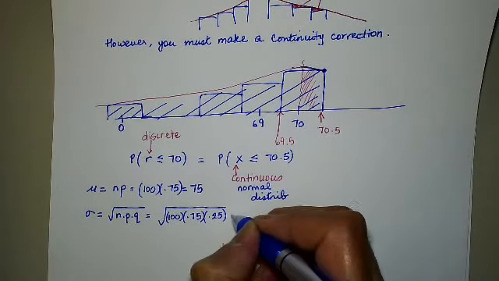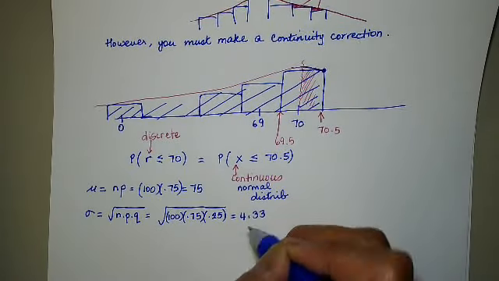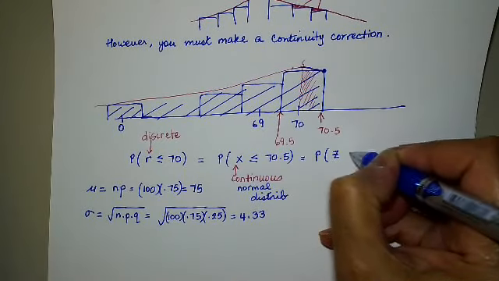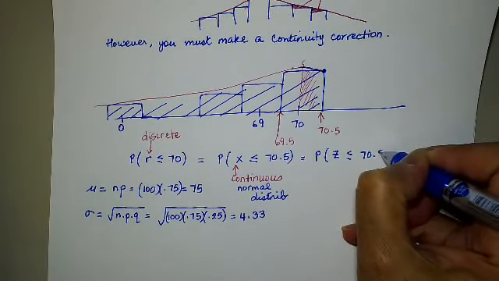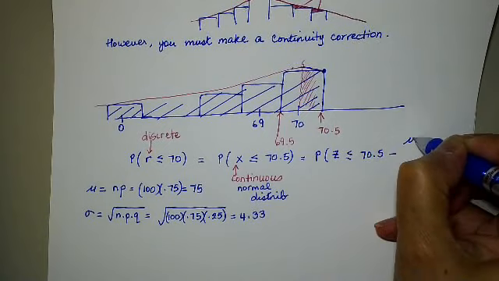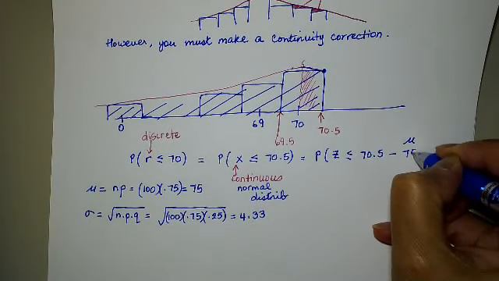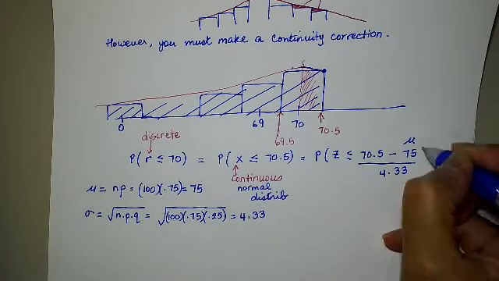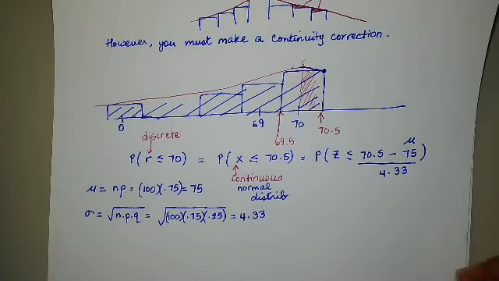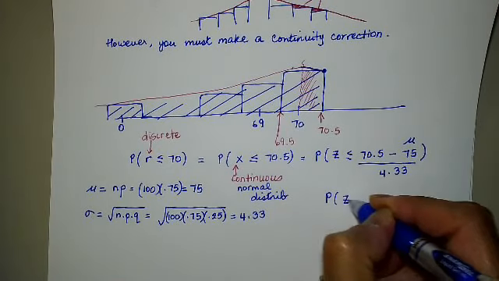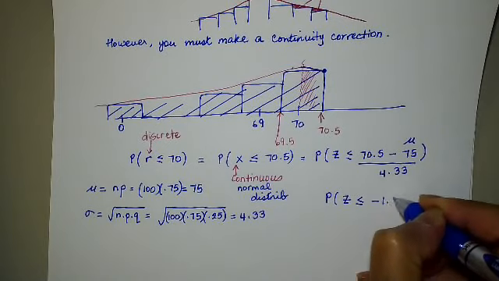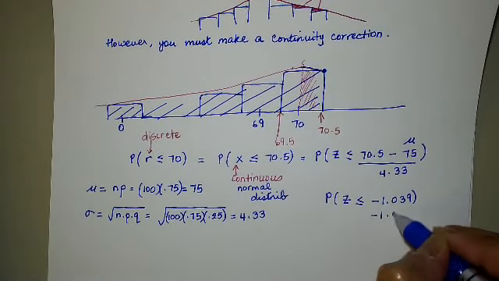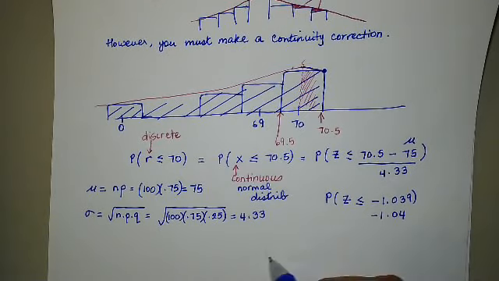So that turns out to be 4.33. And I'm almost done. Look, probability z less than or equal to 70.5 minus the mean, 75, divided by sigma, 4.33. So that's probability z less than or equal to minus 1.039.